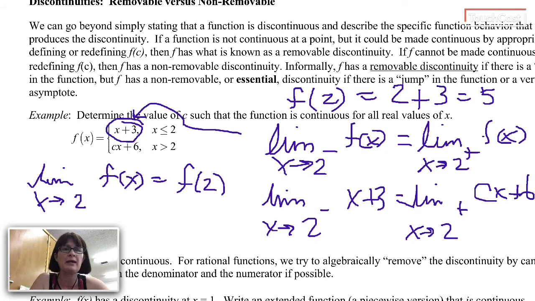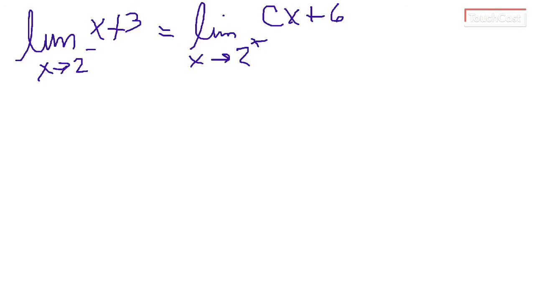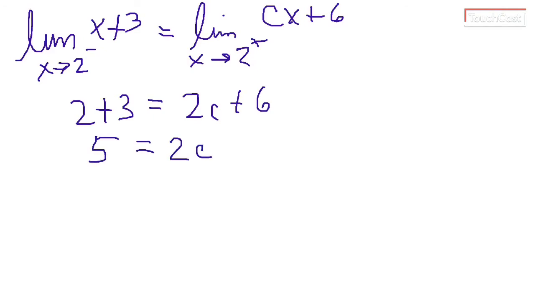So I'm going to come to a whiteboard. All right, I copied that from down below. Now these two limits I can evaluate using substitution. Letting x equal 2, the limit as x approaches 2 of x plus 3 is 2 plus 3, and I need that to equal, as x approaches 2, cx plus 6, which is 2c plus 6. I need those to be equal, so I need 5 to equal 2c plus 6. I'm going to solve for c.